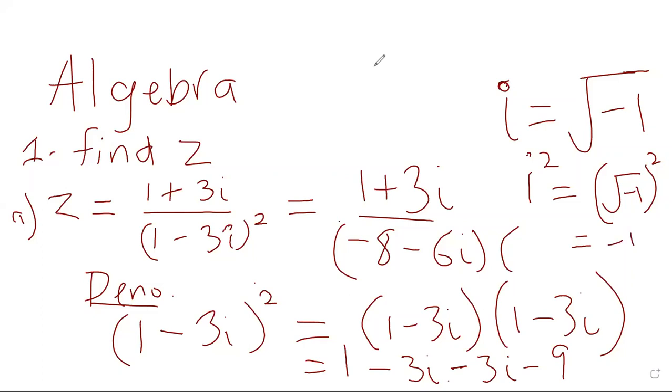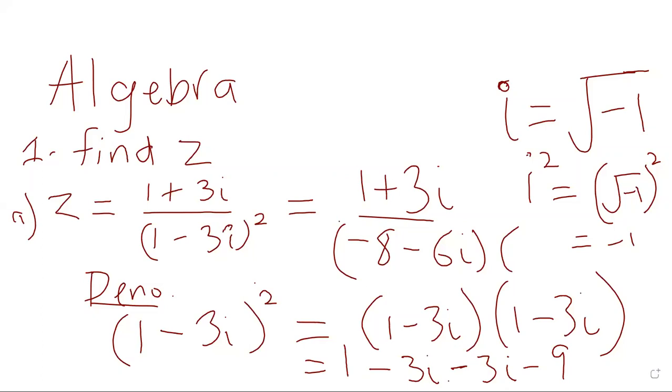That is why when we got 9i squared, because i squared is the square root of minus 1 all squared, that's why i squared is also equal to minus 1. I hope you understand what I'm saying.